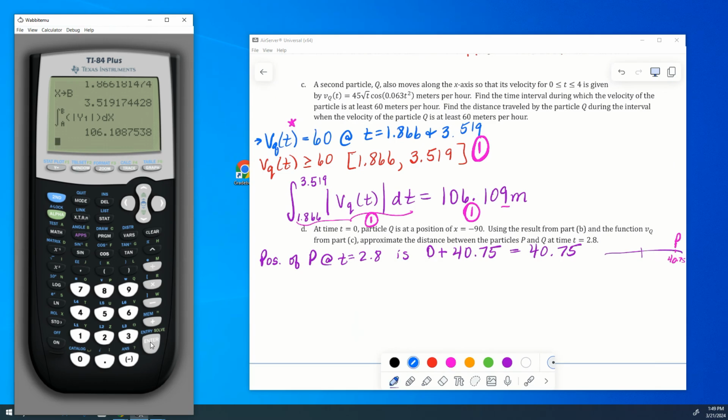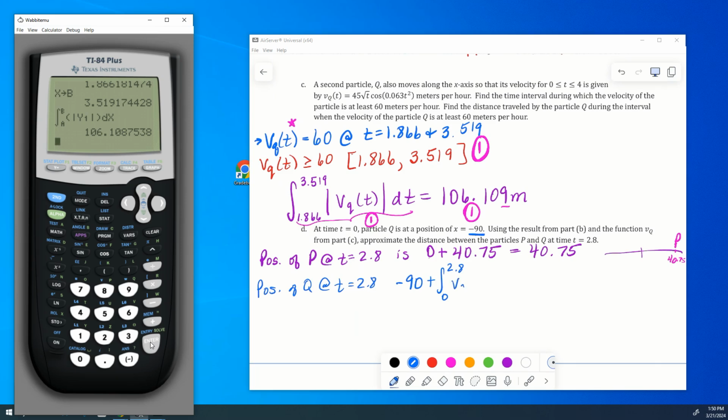Now let's think about what would be the position of particle Q. What does particle Q say? Where is he going to be? It says that particle Q is at negative 90. So his position at 2.8 is going to be negative 90, where he was, plus his displacement. Remember, in part C, we found total distance.